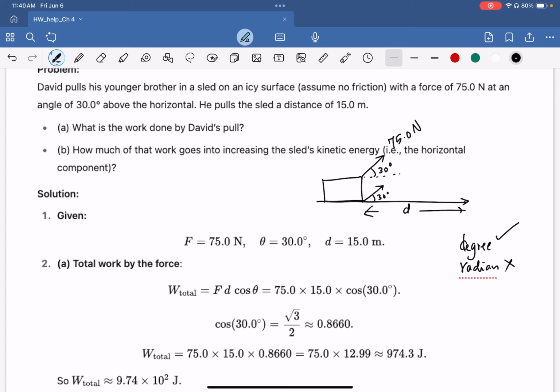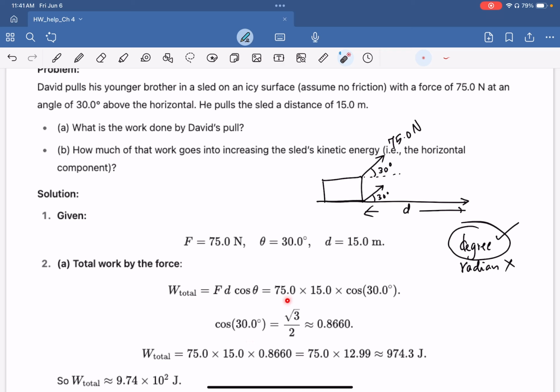Actually, there is a third mode called gradient. So please make sure that your calculator is in the degree mode, okay? And if it is in the degree mode, then when you enter cosine and hit 30 degrees, you should see this number pop up, 0.8660. That is the value for cosine 30 degrees.